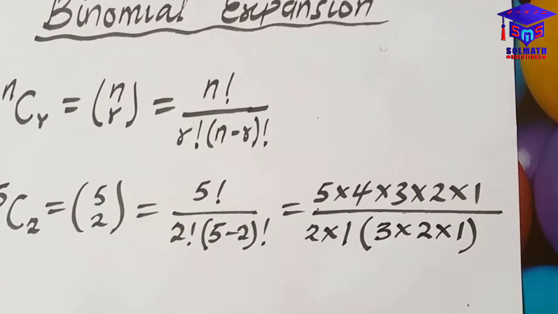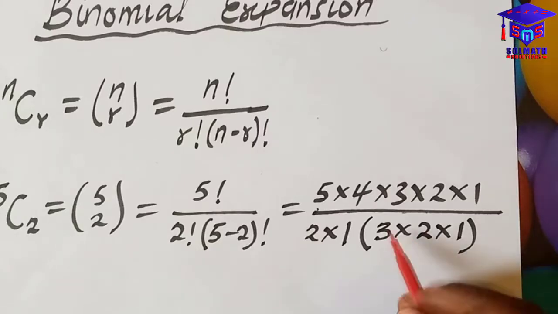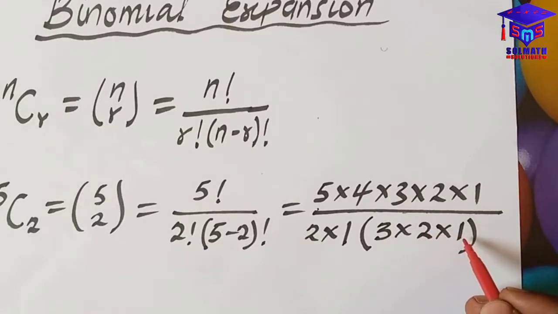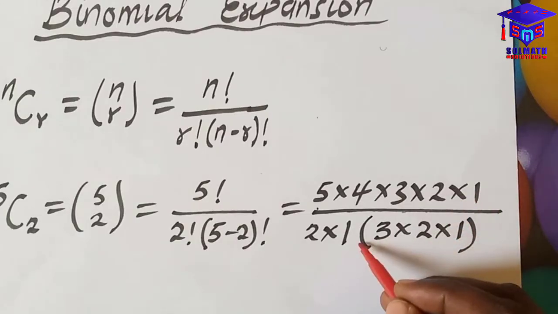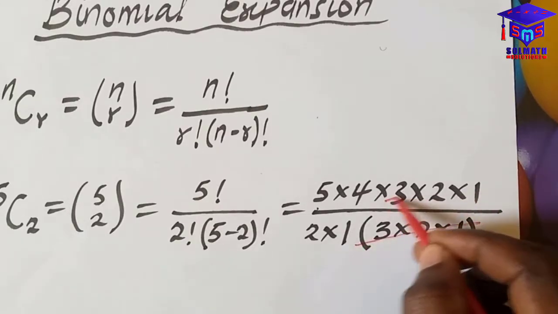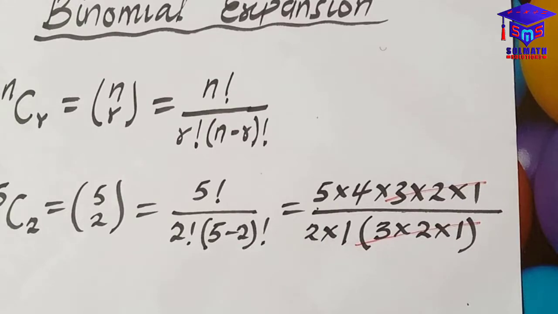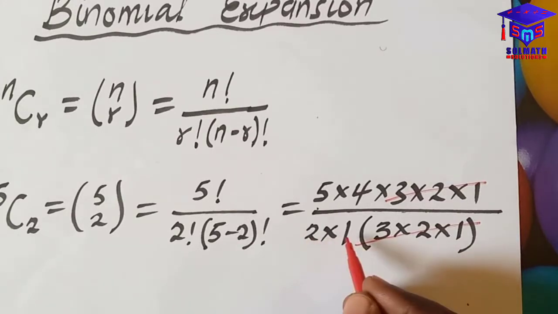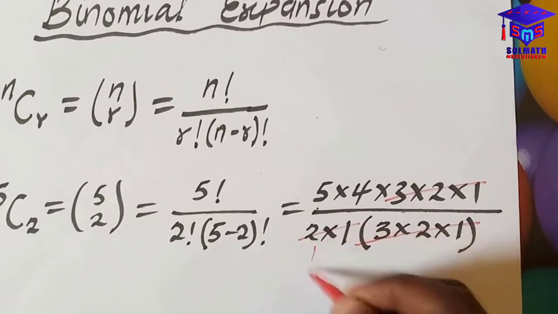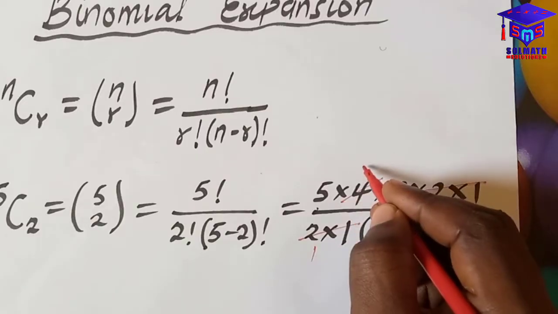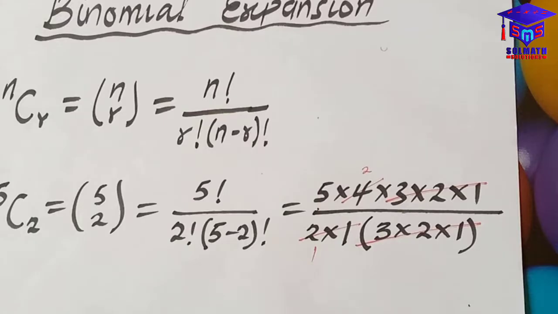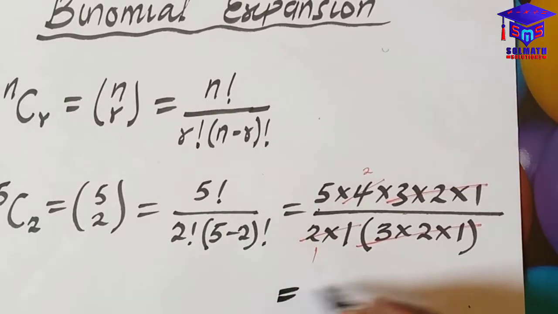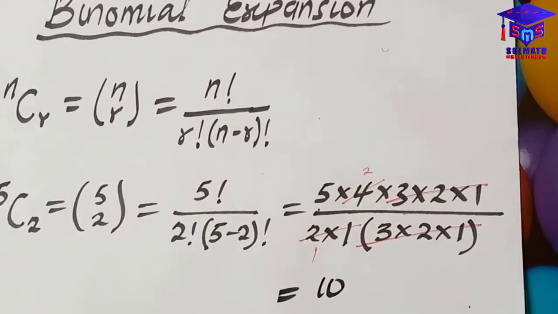Actually, this is very simple. As you can see, 3 times 2 times 1 gives the same result as 3 times 2 times 1, so this can cancel out this. And then 2 times 1 is 2. So 2 goes into 4 two times, and now you're left with 5 times 2, which gives us 10. So 5 combination 2 is 10.